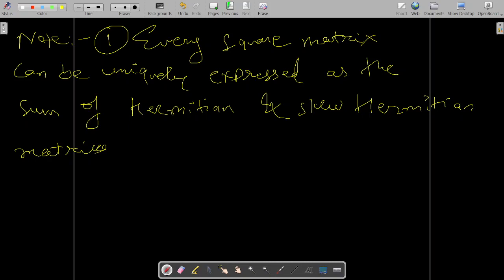So every square matrix can be uniquely represented as the sum of a Hermitian and a skew Hermitian matrix.